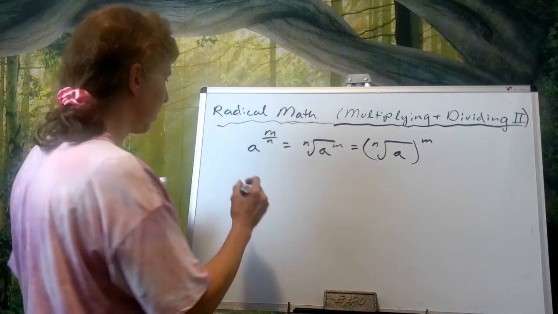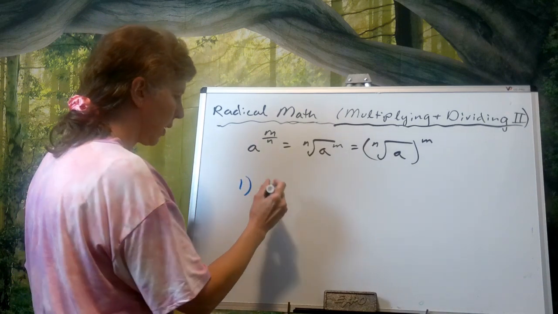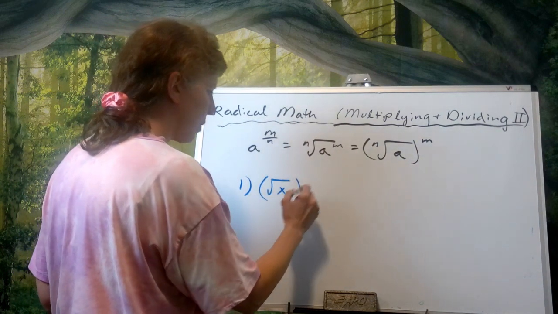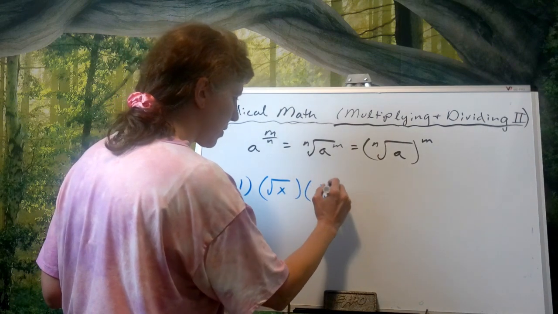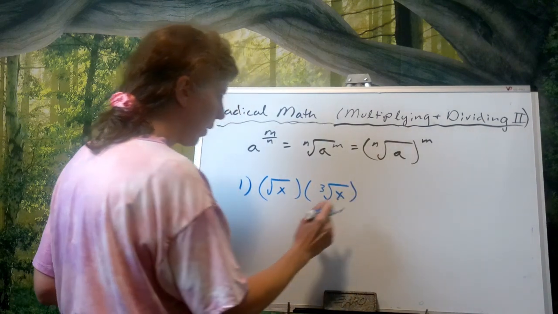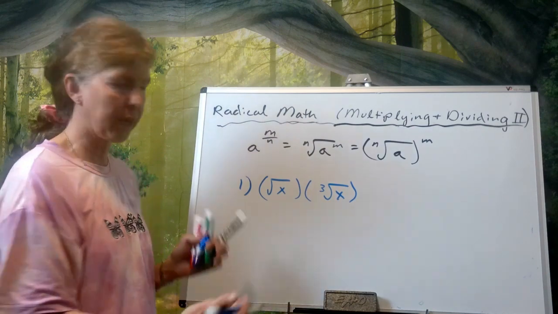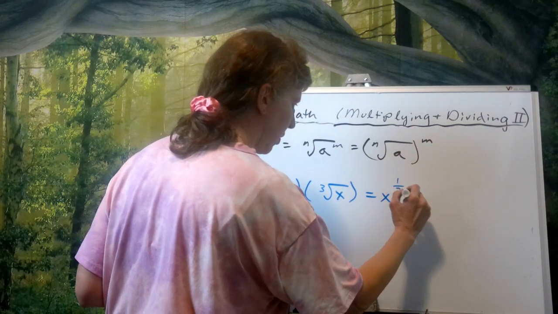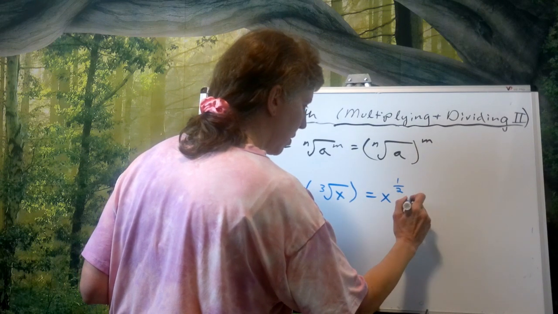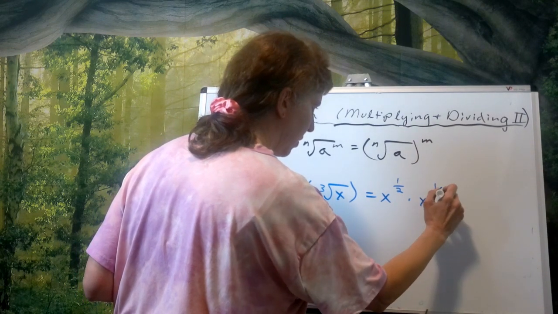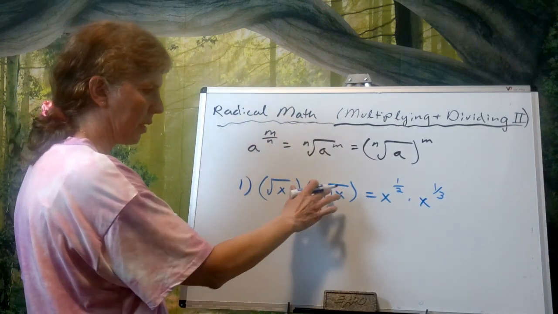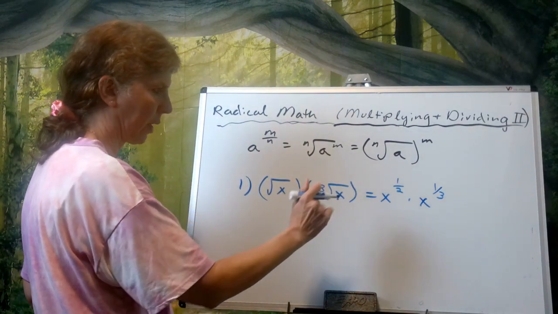So for example, let's start with something simple, like the square root of x times the cube root of x. I can change everything into fractional exponents, that is, x to the 1/2 times x to the 1/3, watching where my numbers go, okay?